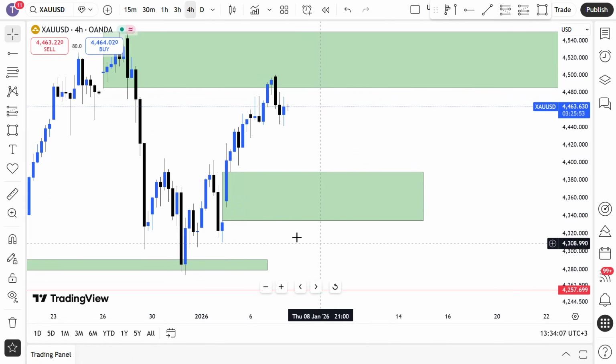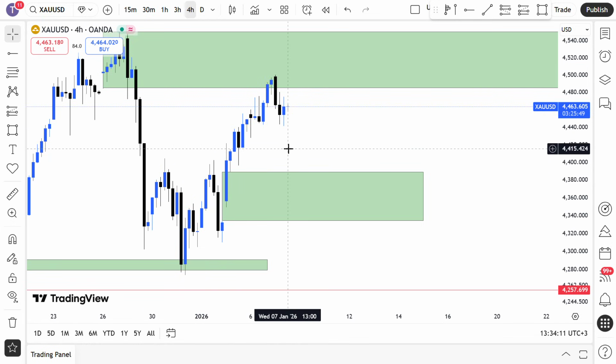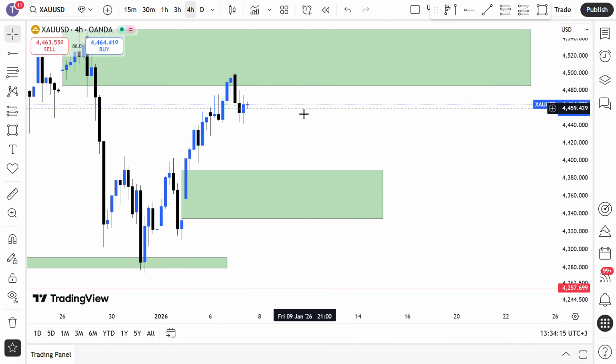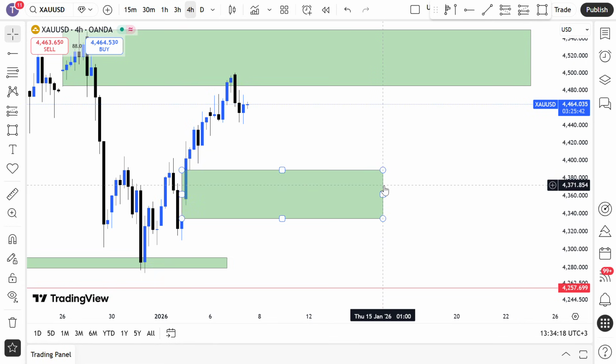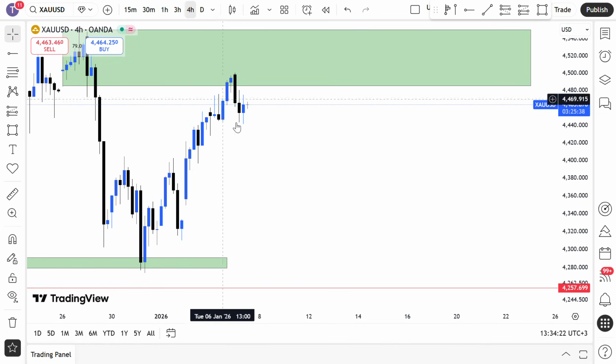And in case price will be looking to come and retest this neckline, I'll expect price to tap into this fair value gap before moving to the upside. But right now, let's focus on what is happening at this point up here.